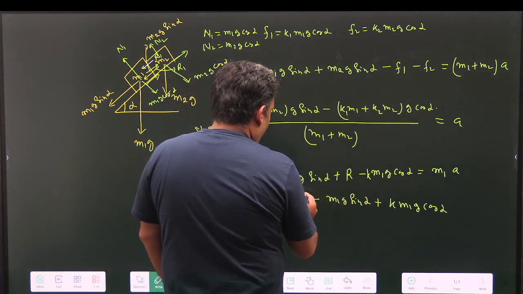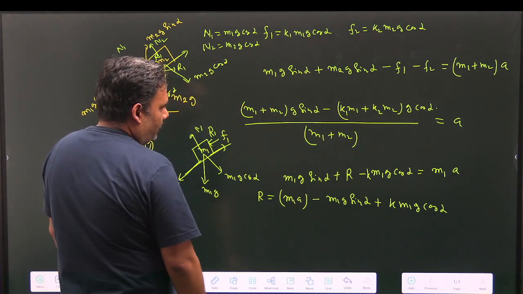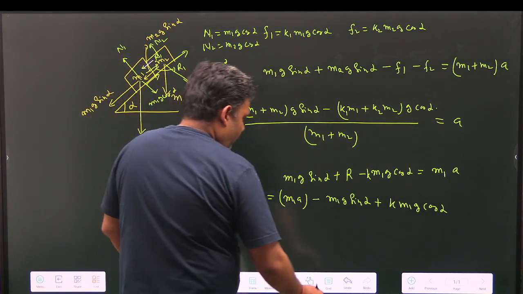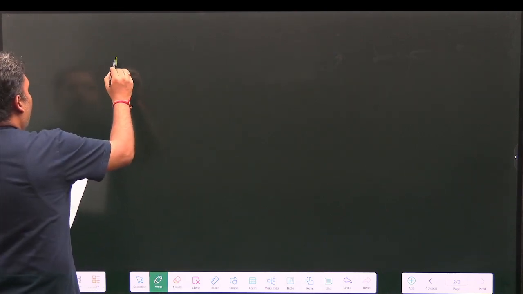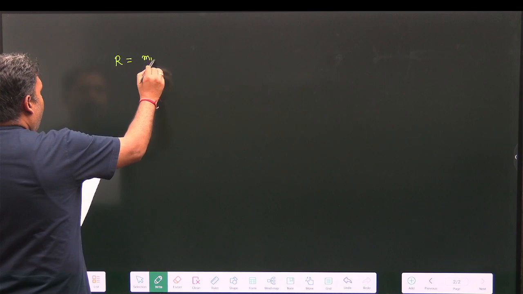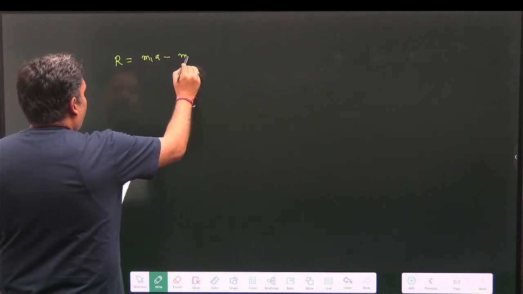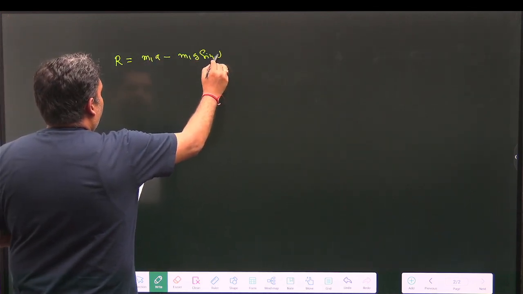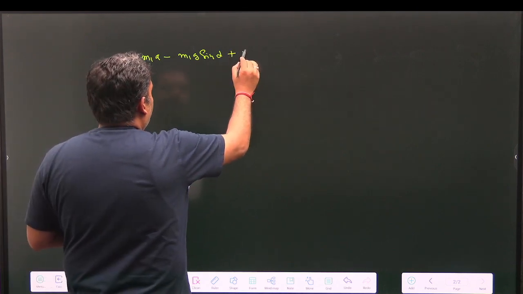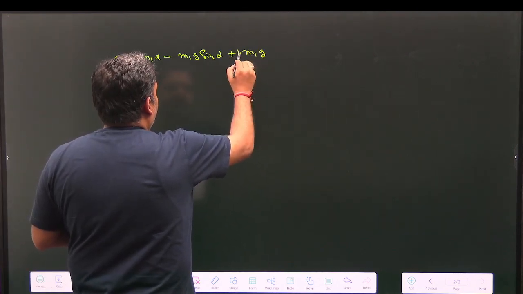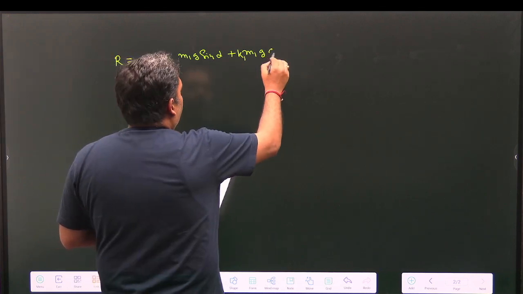And we can get the value of a here, so we can just go to another page where we can have R. So R is equal to m1 a minus m1 g sin alpha plus m1 g k1 cos alpha.